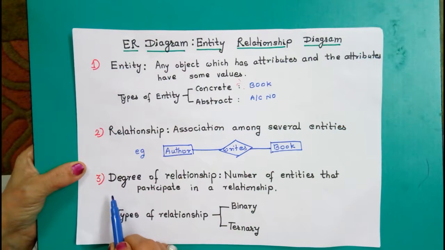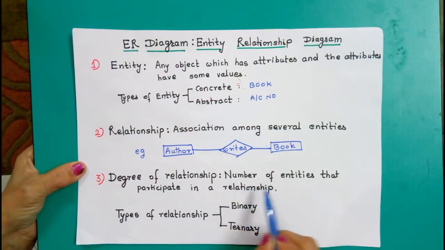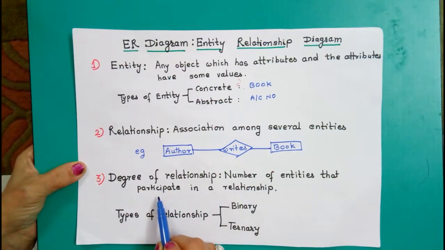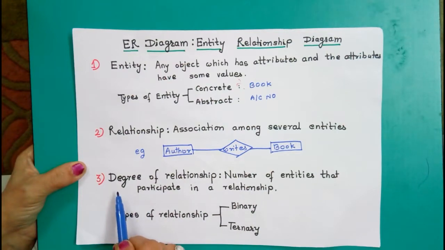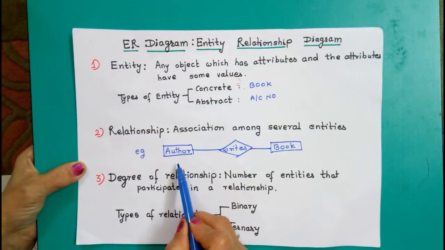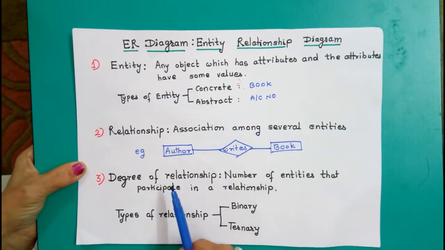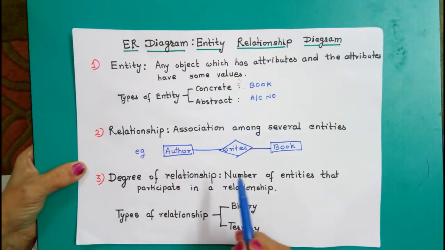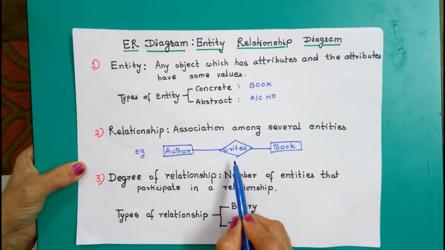Third concept which we are going to consider is degree of relationship. Number of entities that participate in a relationship is called degree of relationship. In the previous example, author and book are two entities which are participating in the relationship writes.